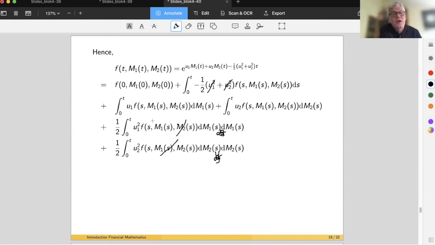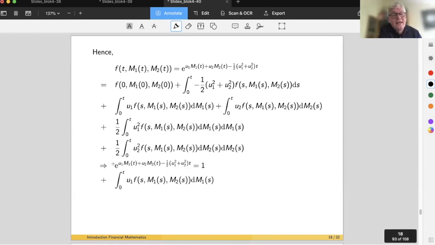So these cancel out, and what remains is that e to the power u1 M1 plus u2 M2 minus 1/2 (u1 squared plus u2 squared) times t is equal to 1 plus the integral from 0 to t of u1 f dM1 plus the integral from 0 to t of u2 f dM2.